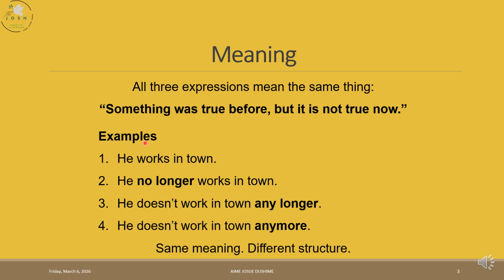The first thing which was true before is that he works in town. When I use those three forms, he no longer works in town, he doesn't work in town any longer, he doesn't work in town anymore, it's the same meaning, just different structures.